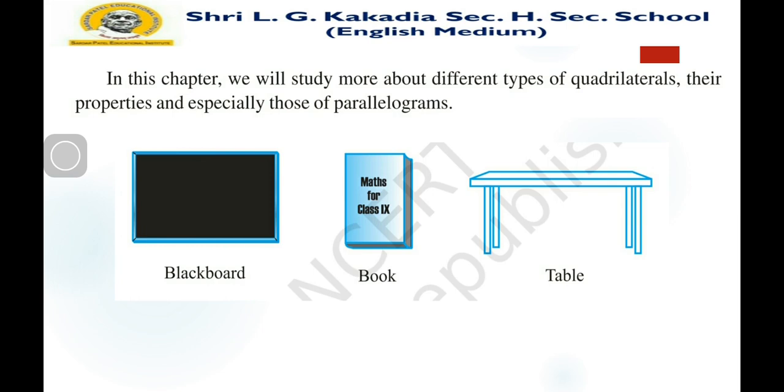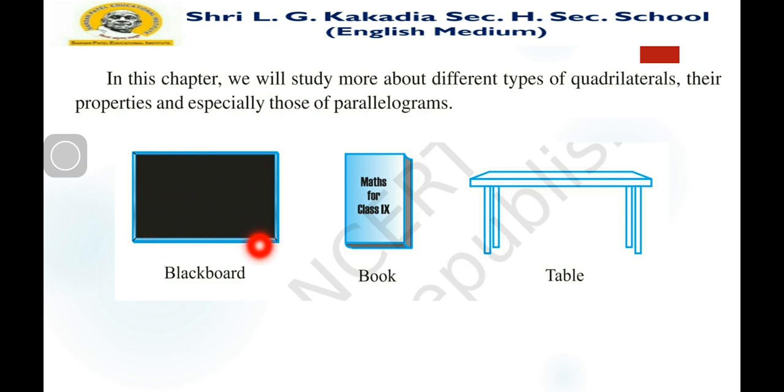Now we are going to talk about their surface. There are four edges, or four sides, as you can see in the figure, and in the blackboard, these two opposite sides are parallel to each other.